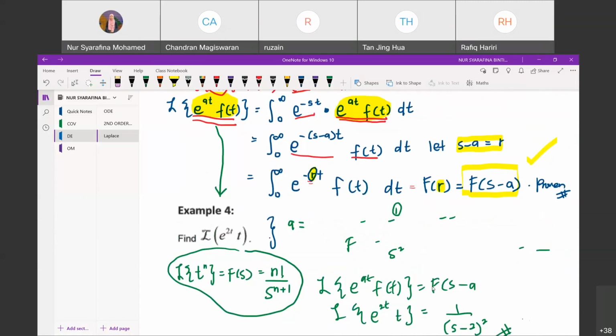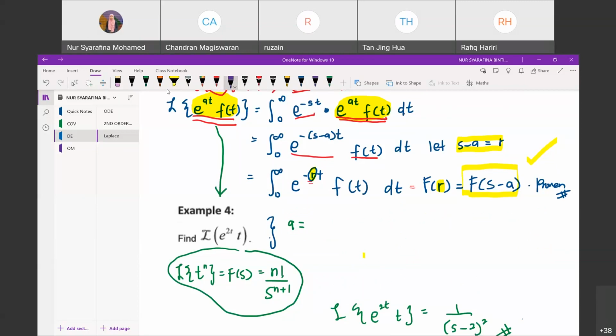Let's try to get the answer here, 1 over s minus 2. Looking at the first shifting property, if you have e to the at f(t), the transformation becomes F(s minus a). So now you have e to the 2t times t.